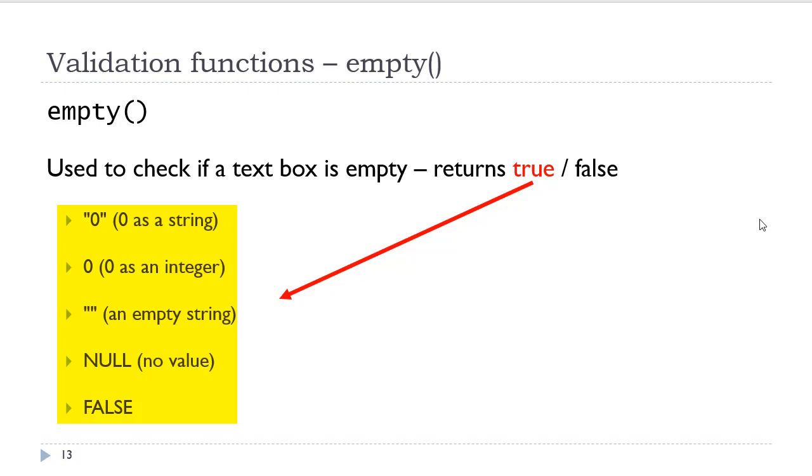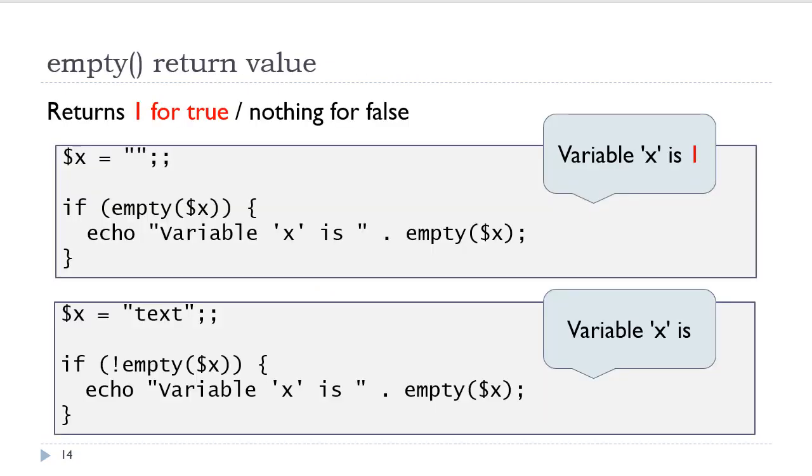All of these will essentially result in a true. So before we start retrieving values, we want to make sure that the text box is not empty. If it is, we might want to give the user an error message telling them that they need to enter a value.